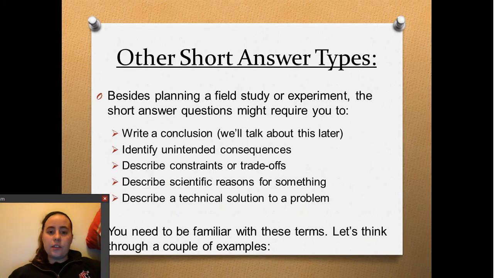There are lots of other types of short answer questions, including writing conclusions, which we'll talk about more later, identifying unintended consequences, which means figuring out what is something that happened that they didn't mean to happen, describing constraints or trade-offs, so problems associated with whatever's happening, describing scientific reasoning for something, which sounds a little scary but really just means here's some evidence I have from biology class that supports what I'm saying, and finding a technical solution to a problem, which seems kind of weird when we're talking about biology, but really just means what is something related to computers, what is something related to engineering, what is something related to design that I can relate to what's happening here.